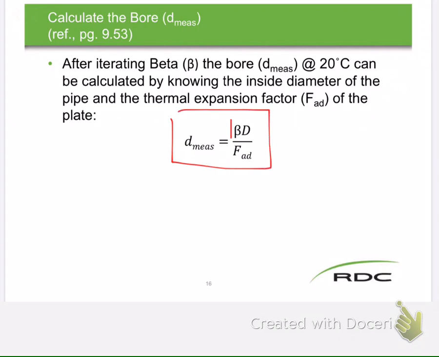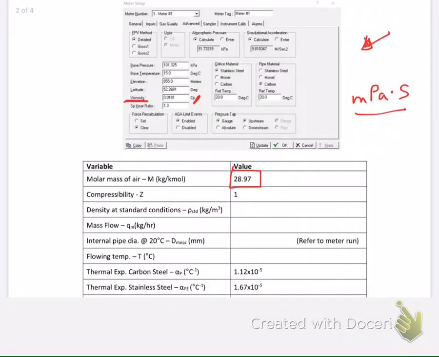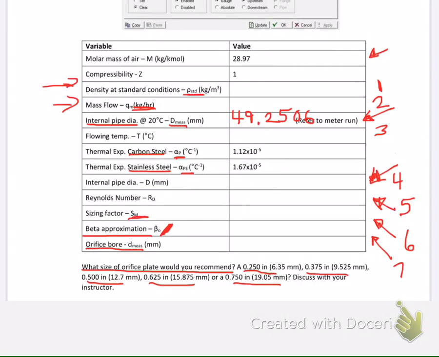We're going to be using our beta approximation value that we just figured out, the inside diameter of our piping, and then the thermal expansion factor that we calculated as well to figure out the orifice plate at 20 degrees C here, and then entering that in right here for item number 8.